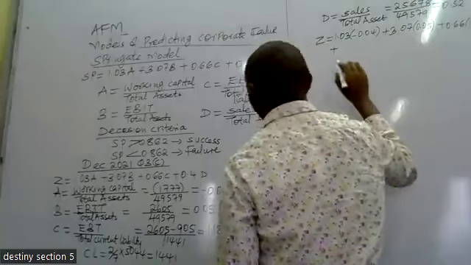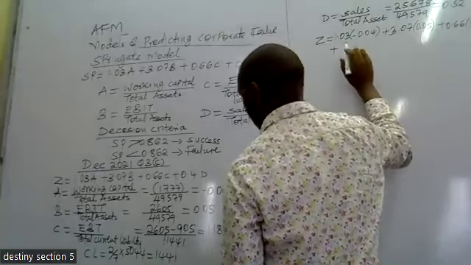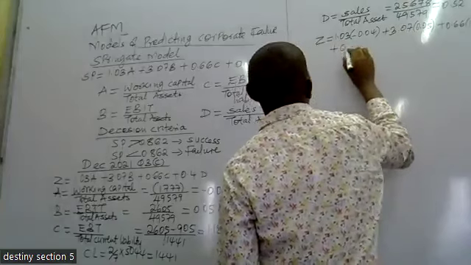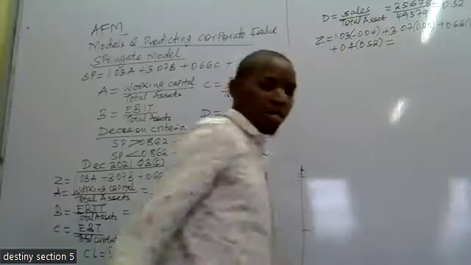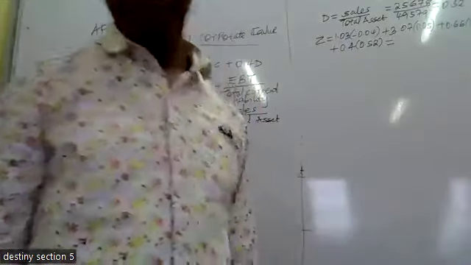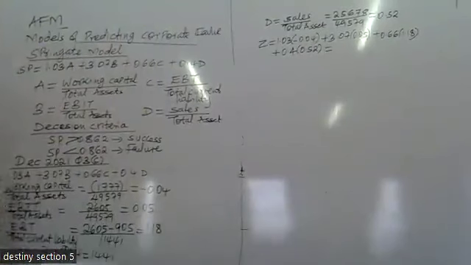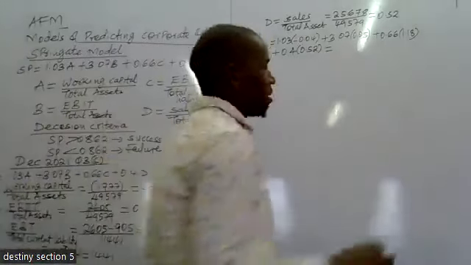And then you add the last one, 0.4 multiplied by 0.5. Tell me how much it is giving you? 1.1123.